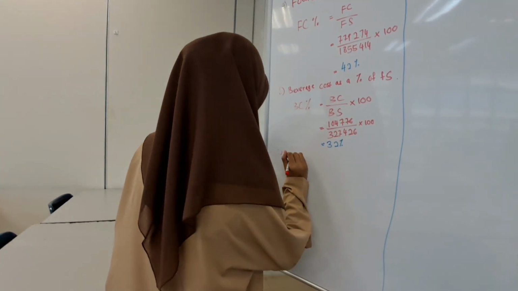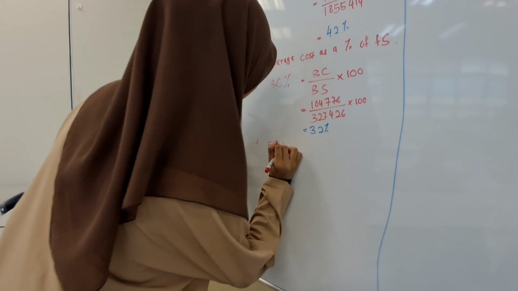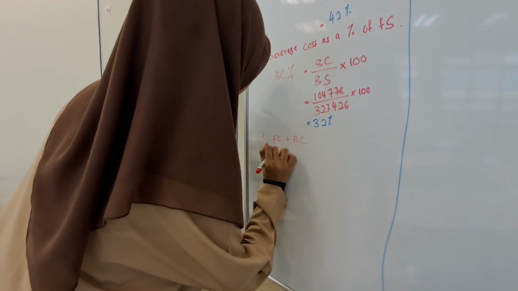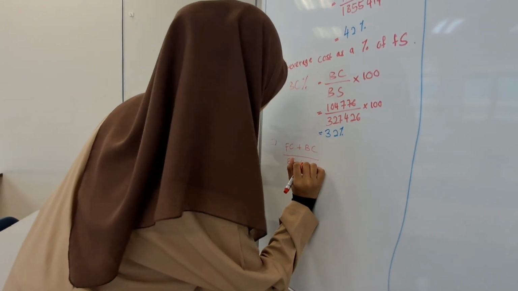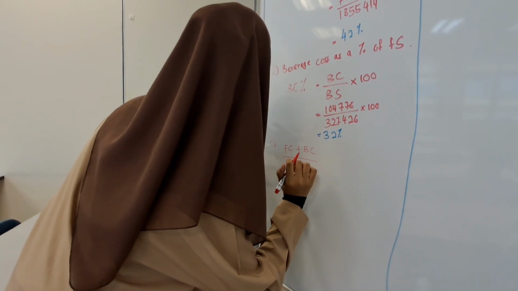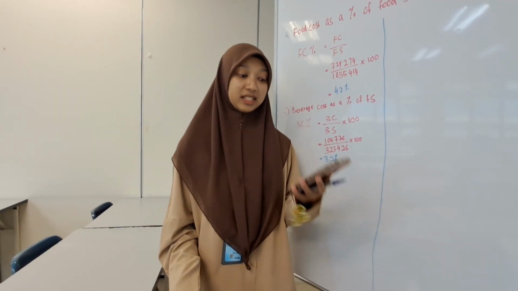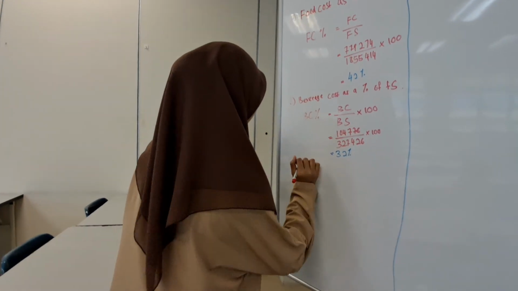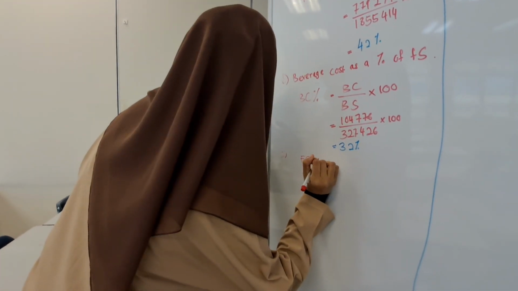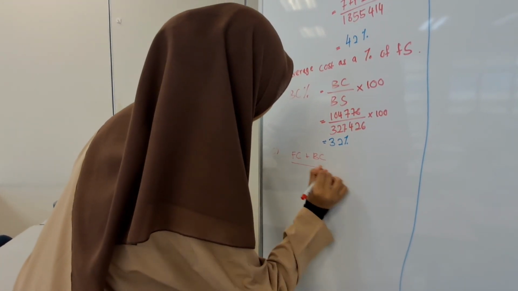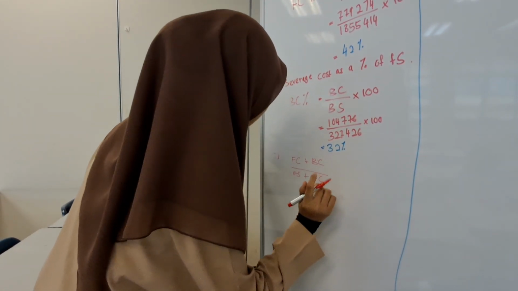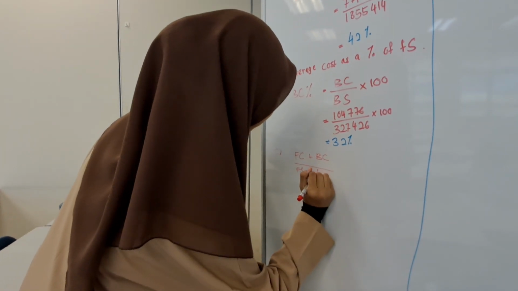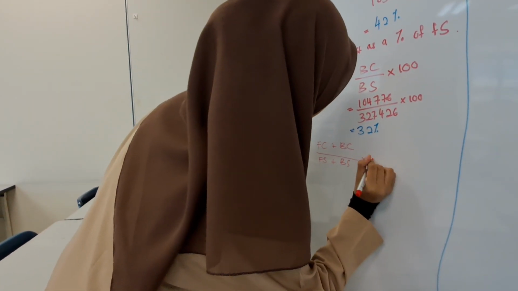So the formula is food cost plus beverage cost divided by food sales plus beverage sales. And multiply by 100.